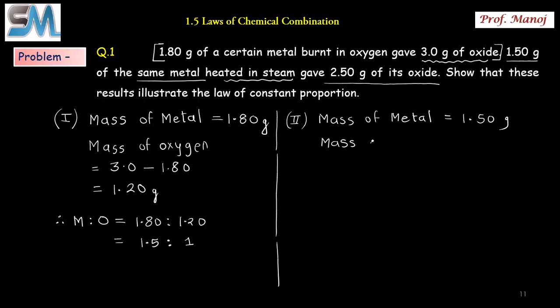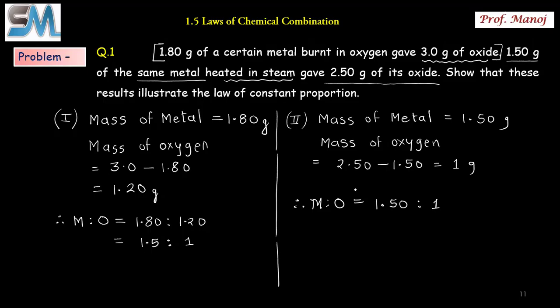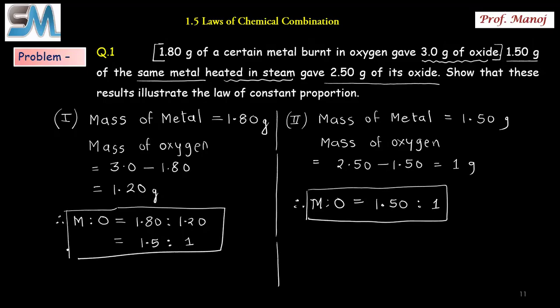So once again, I can find the mass of oxygen. And how much will that be? 2.50 minus 1.50, that's equal to 1 gram. So the ratio of metal is to oxygen will be 1.50 is to 1. Now, if you see this ratio in case number 2 and this ratio in case number 1, they are absolutely identical, which proves the law of constant proportion is correct.